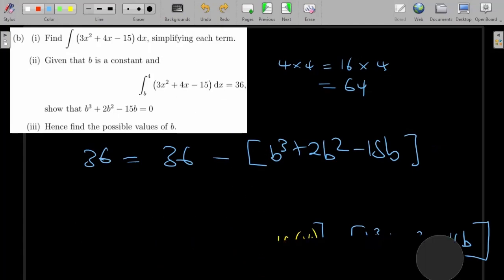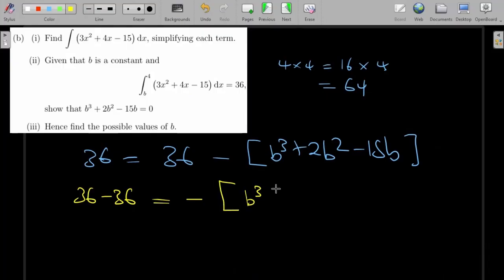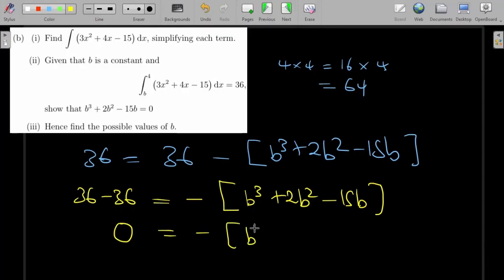Right, so what we see here is that 36 can follow the other 36. So it will be 36 minus 36 is equal to minus b to the power 3 plus 2b squared minus 15b. Here you're going to get 0, and then here you're going to get minus, let's write that properly, b to the power 3 plus 2b squared minus 15b.